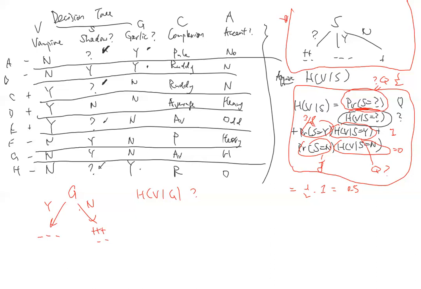You look at it this way: H(V | G) is equal to, for yes and no, the probability of G is yes, times H(V | G = yes), plus H(V | G = no) times the probability G equals no.